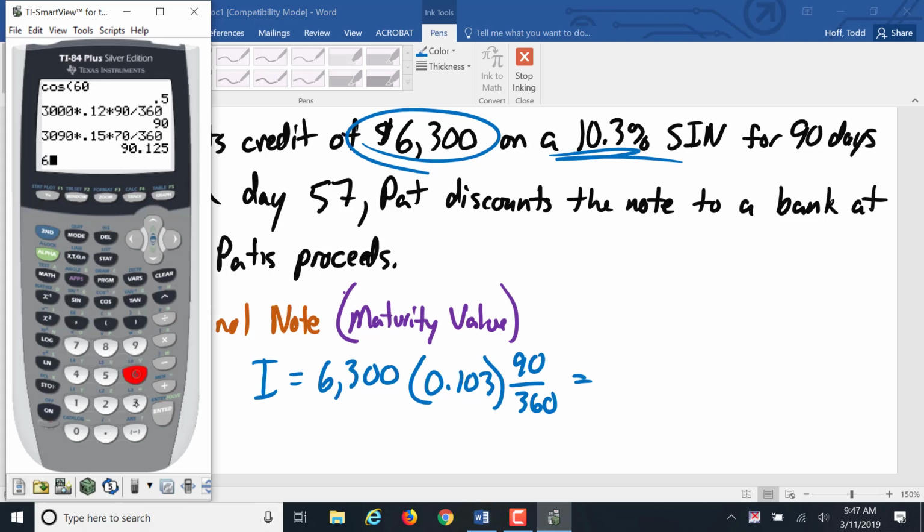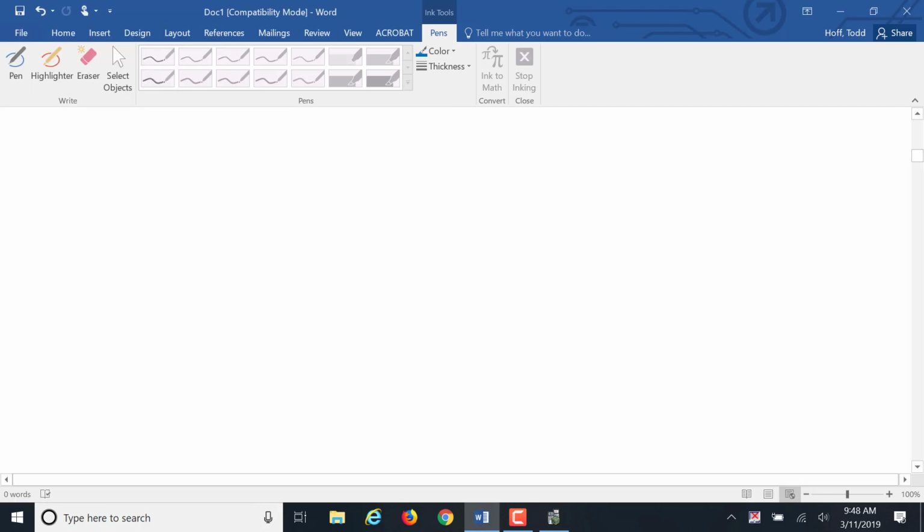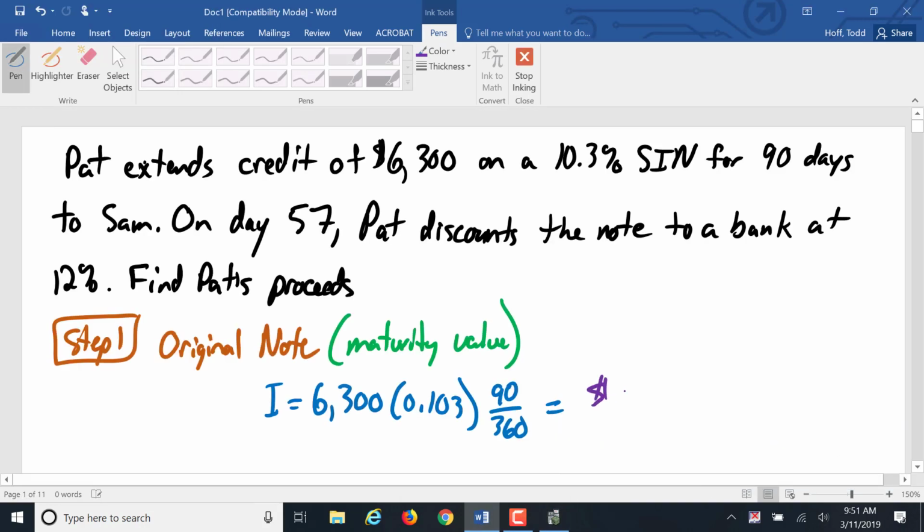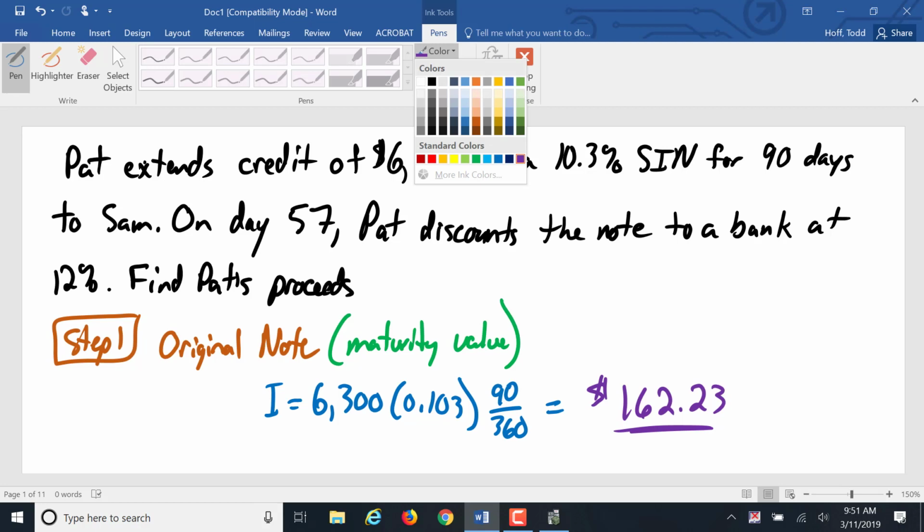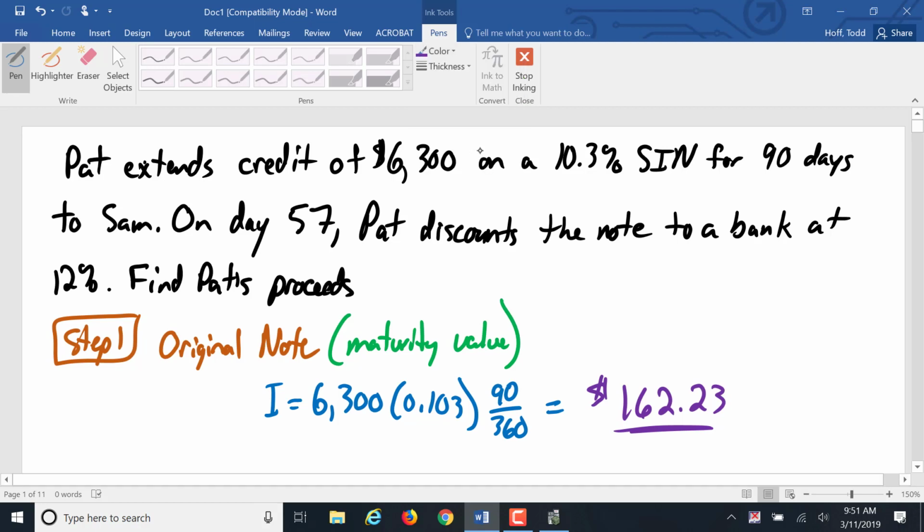To calculate interest, giving us, I got actually zero in there. Should be $162.23 that comes out to. We'll do it again. There we go, $162.23. So that interest then is going to add on to the principal to give us the maturity value.